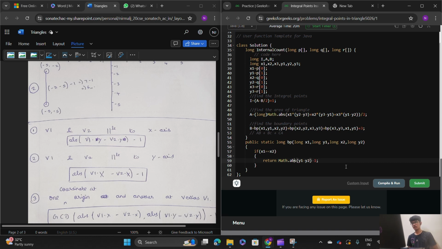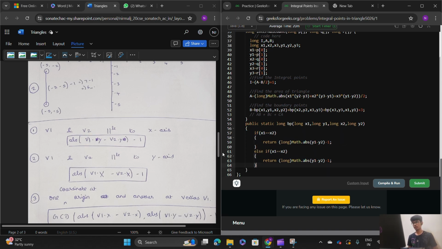My typecast should be of data type long, so I'm going to typecast it here. Then just copy it and do the same for when the y-axis is parallel. For this case, when y1 and y2 are parallel, I'm going to do math.abs of x1 minus x2 minus 1.